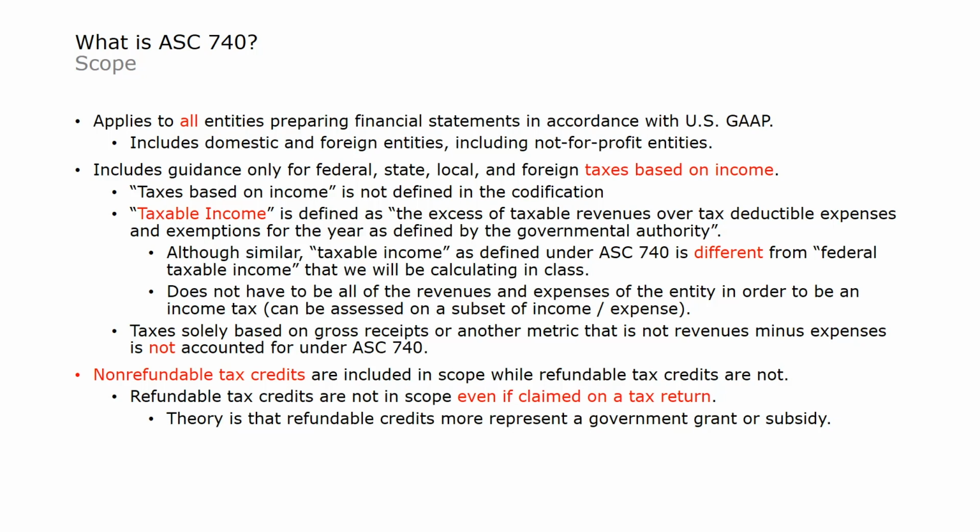Even if this credit is claimed on a tax return, if it is a refundable credit, it should not be included in the tax provision. The theory as to why refundable tax credits aren't included in ASC 740 is that it represents more of a government grant or subsidy as opposed to any sort of reduction in tax.